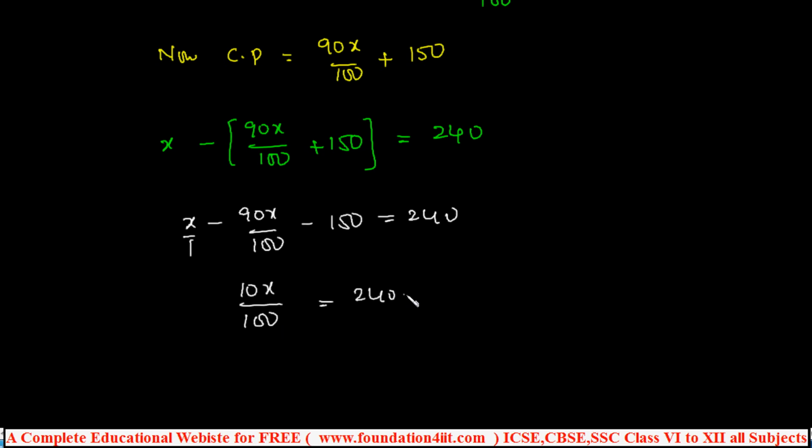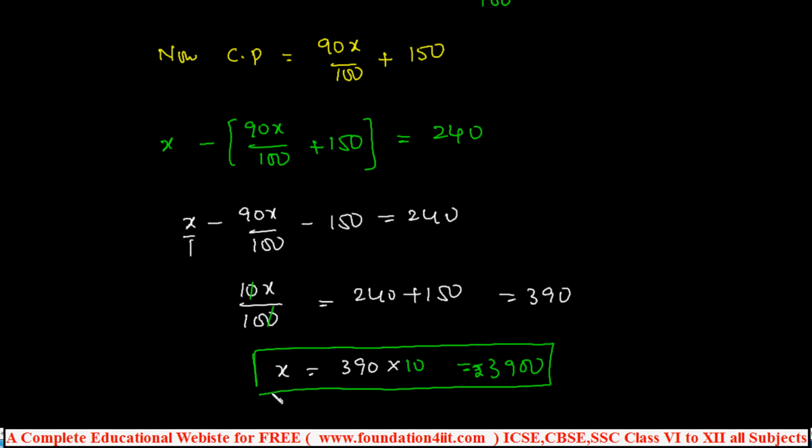Take it to the right side: 240 plus 150, that is 390. Then x is equal to 390 into, if you cancel this 0 0, 1 by 10, so into 10, so 3900, 3900 rupees. So 3900 rupees is the cost.